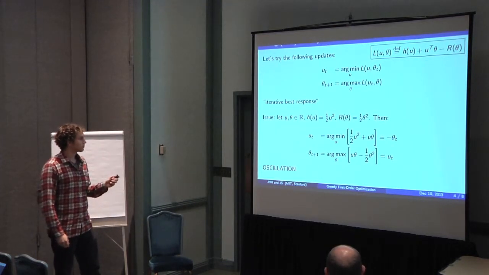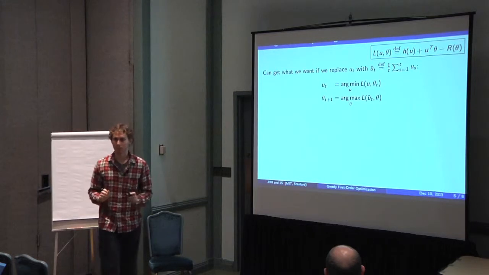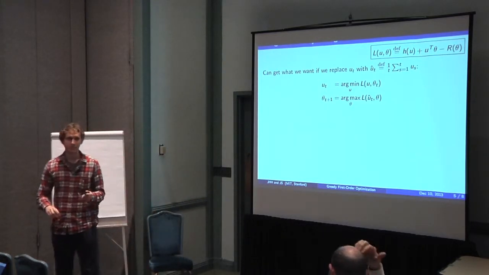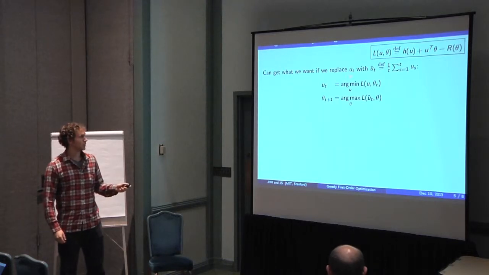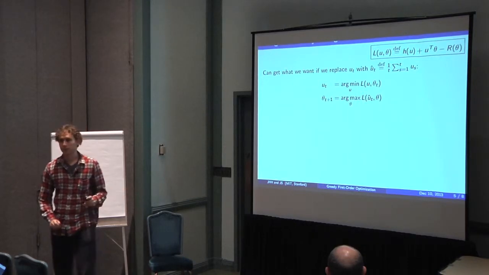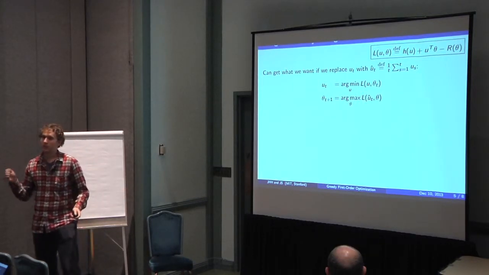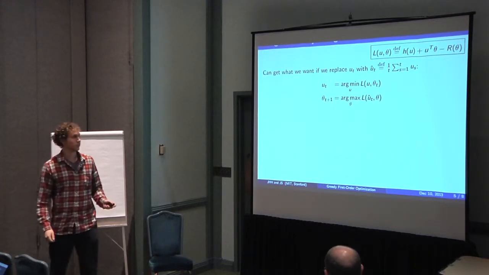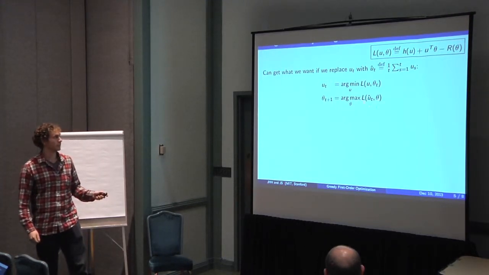So we're going to try something slightly less ambitious. Instead of minimizing relative to the last step, we're going to change this very slightly. When we do the theta update, we're going to update relative to the average of all of the u's so far. So we have this u_t hat term.